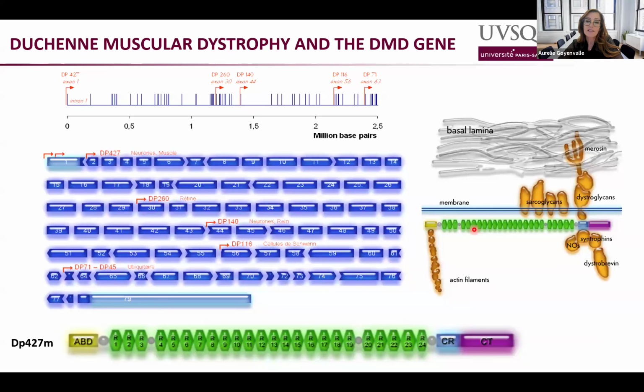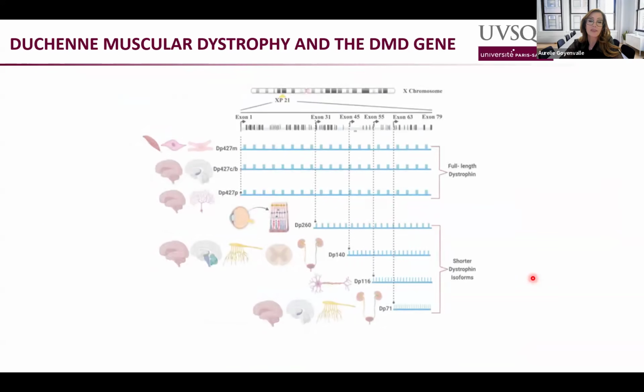And this protein plays an important structural role in the muscle fibers as being part of a dystrophin-associated complex. And the absence of dystrophin in patient induces degeneration of the musculature and unfortunately, premature death of patients.